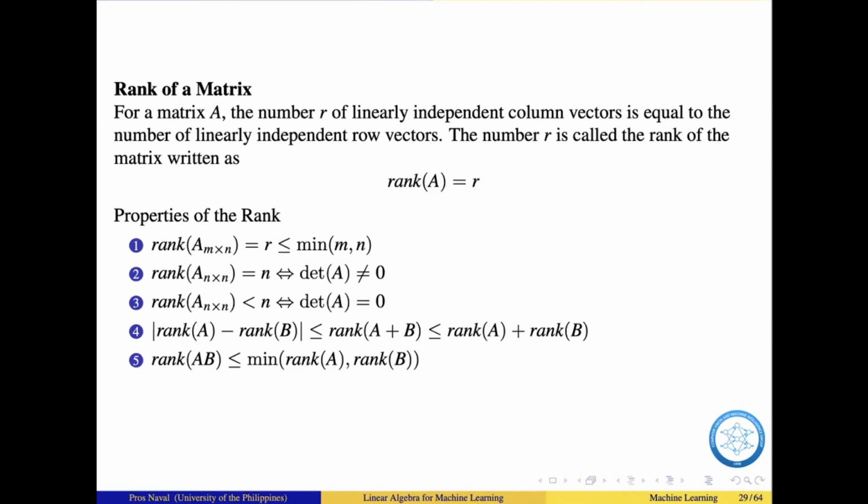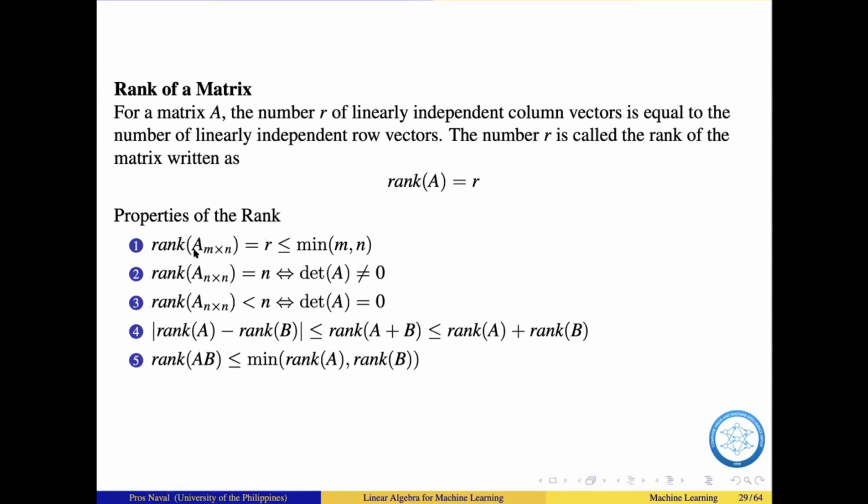Rank of a matrix. For a matrix A, the number R of linearly independent column vectors is equal to the number of linearly independent row vectors. The number R is called the rank of the matrix, written this way. So some properties of rank.